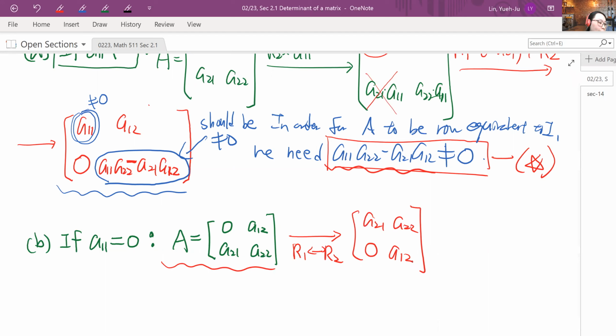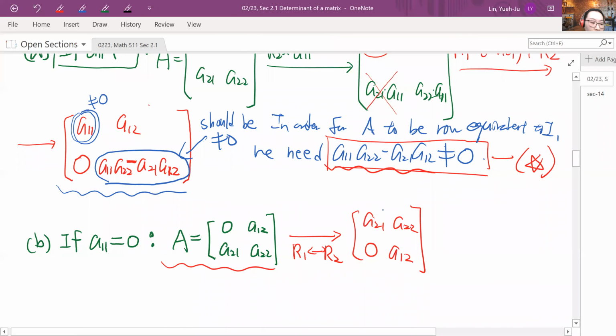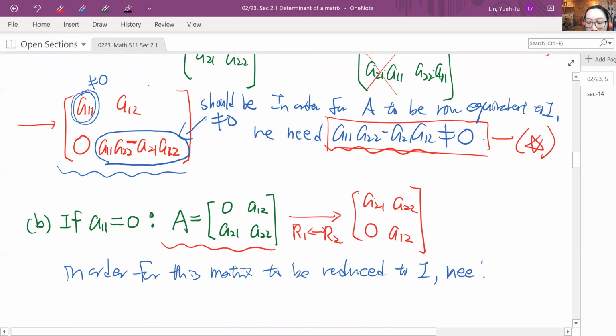So now you can see that in order for this matrix to be able to further reduce to identity, I need something special. I need something stronger. In order for this matrix to be reduced to identity, I need both A21 and A12 to be non-zero, right?